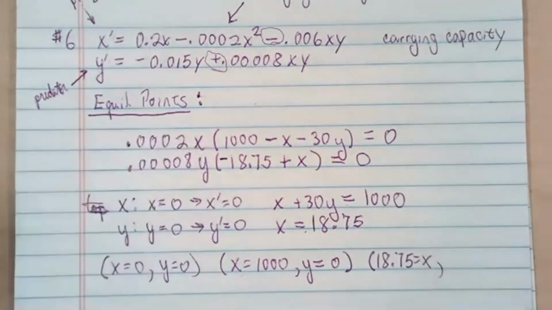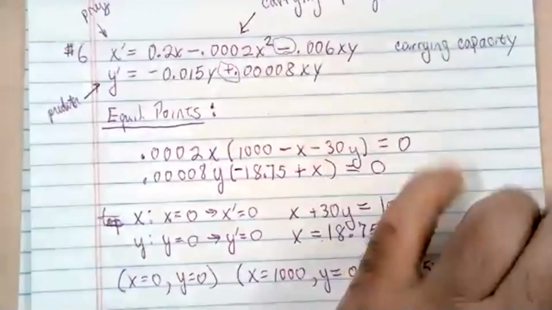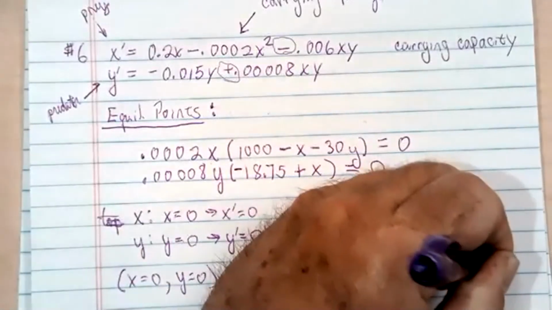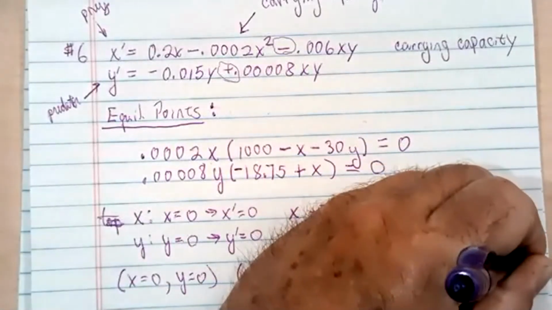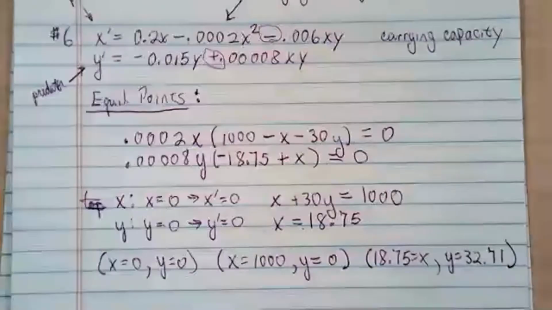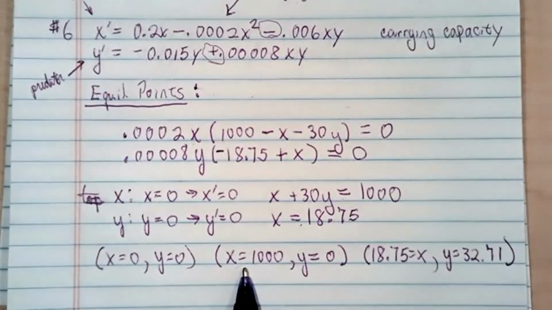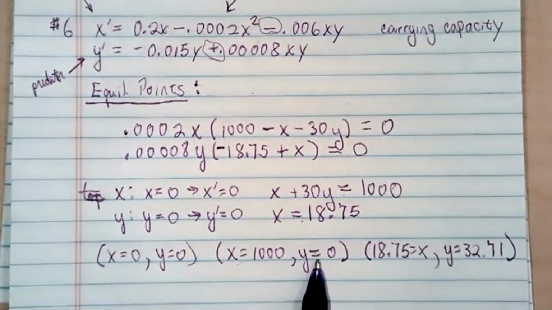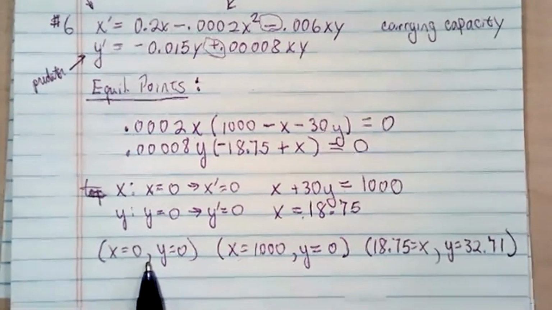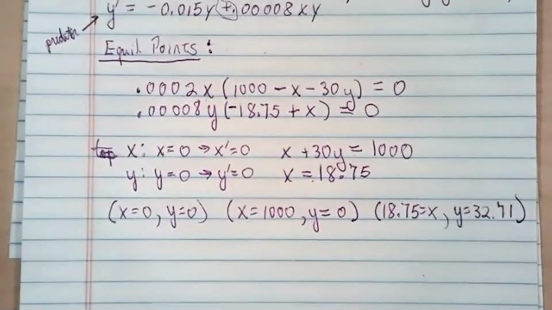And we get about 32.71, more or less. So it looks like we got an equilibrium point out here where neither x nor y is 0. We get an equilibrium point with a very large x if there are no predators. And of course, the origin is also an equilibrium point.